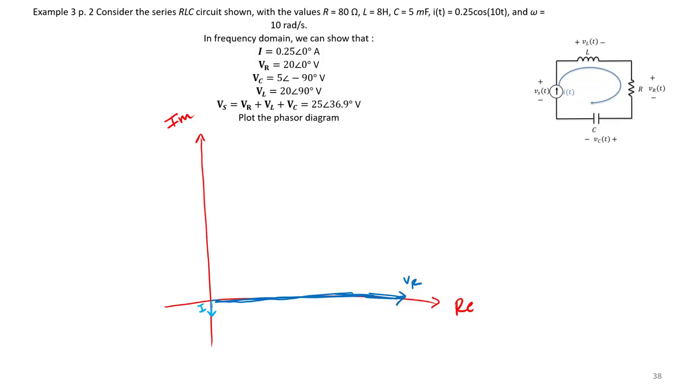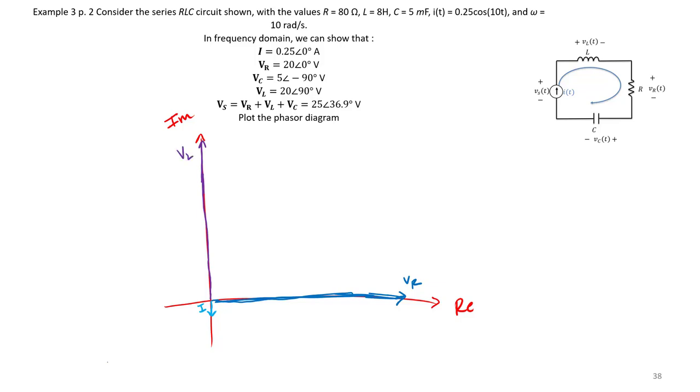Next, we have our phasor VL. That's the inductor's phasor, and we see that that one is 20 angle 90 degrees, so it's about the same length as our resistor. Make it a little bit longer, but it's going vertically.